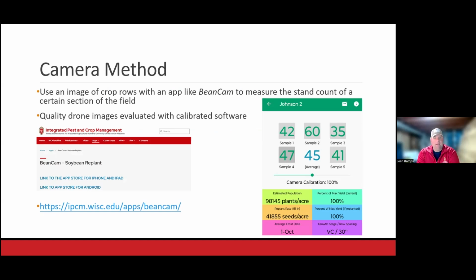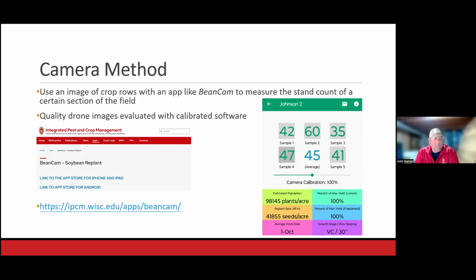Another method that may be of interest is this camera method. The Cool Bean Lab at UW-Madison has worked with some of the computer technology people on campus and has come up with what is called the Bean Cam. It's an app.